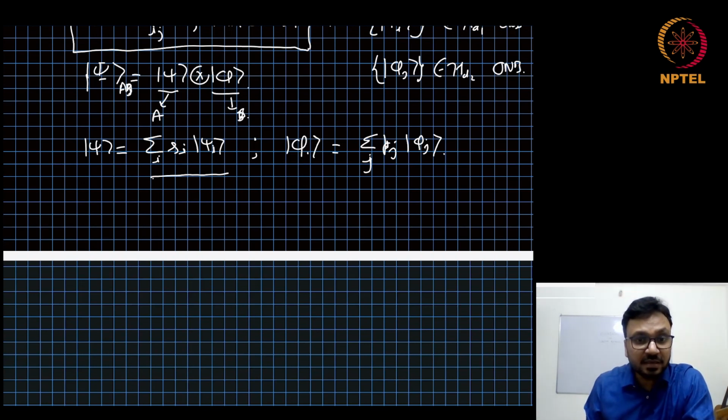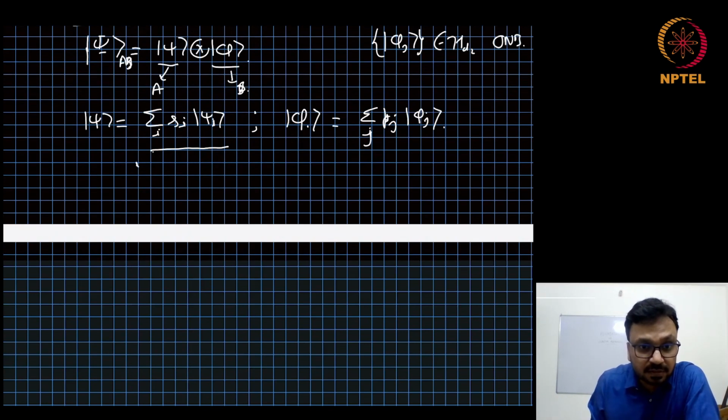Now this product psi tensor phi will be sum over ij of si pj psi i tensor phi j.